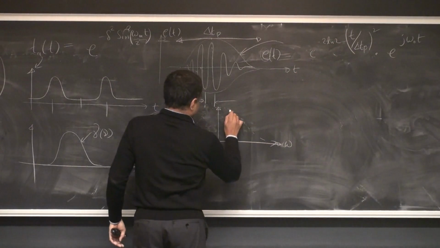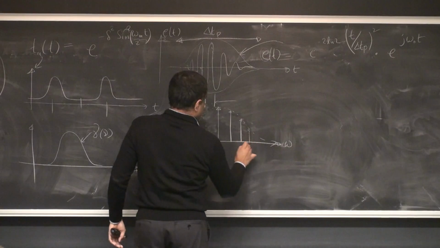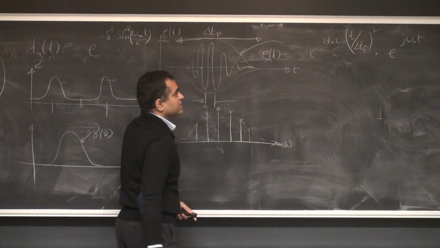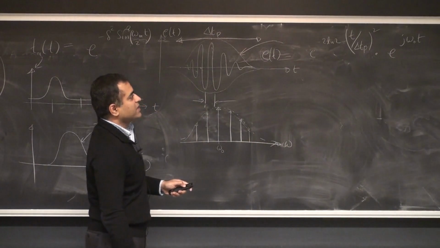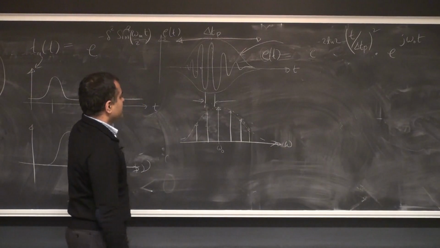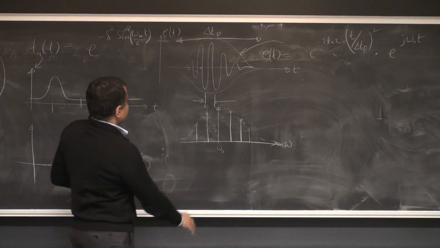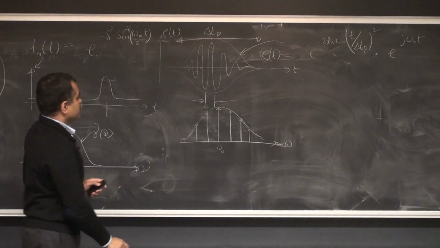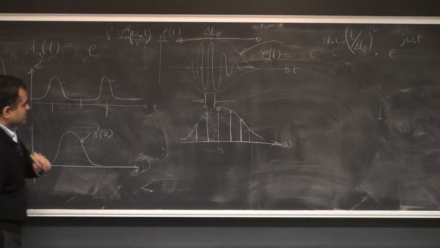So essentially, you'll get something which will probably look something of this nature, and this envelope here would be your omega minus omega naught squared. So that's the Gaussian function. Now, I'm plotting it in this way, but you do have all frequency components here. It's not like you have just a discrete set of frequencies.